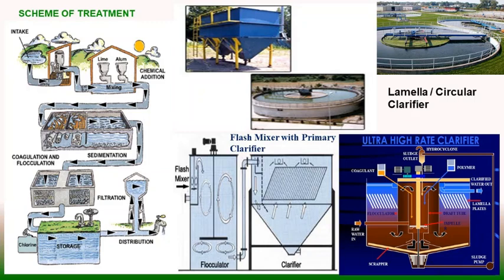Now raw water treatment includes screening, pre-chlorination, sedimentation with coagulation and flocculation. Then we use different chemicals like alum and polyelectrolytes, and filtration is also there, and post-chlorination sometimes we adopt.